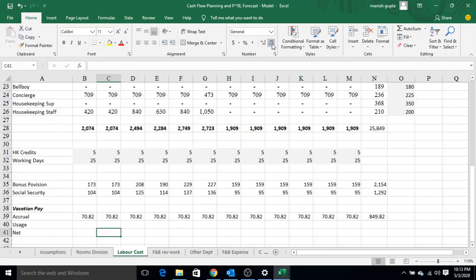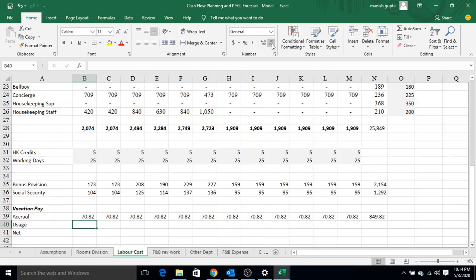Now this is accrual only. Entitlement is how much the people are using their accruals in each month, because once you are accruing, you need to give out the leaves in those particular months. Normally in the hospitality industry, the budgeted leaves are used within the same year in most cases, depending on your hotel policy, how much carried over you are allowing.